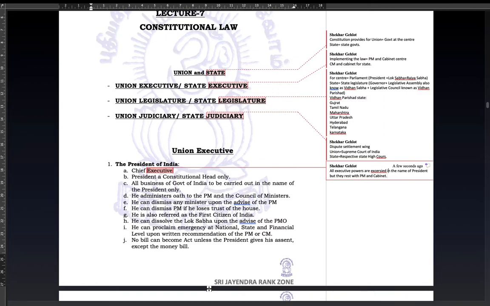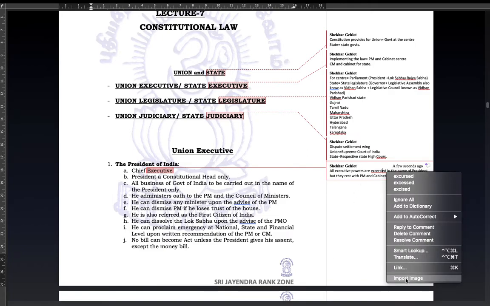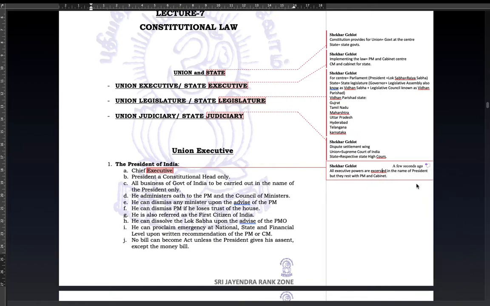Though all the executive powers are exercised in the name of the president, the real executive of India is the prime minister and the cabinet. The president can only be called a mere rubber stamp. Rubber stamp here means that he does not have much power, he is only a stamping authority.